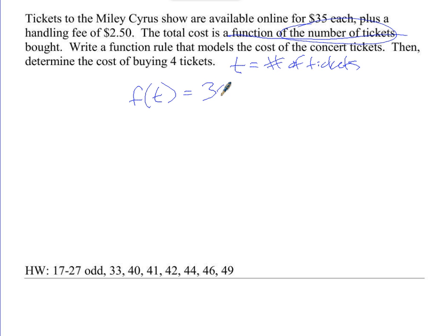So 35, use the variable you defined, 35t, plus a handling fee of $2.50. That's the question. Is that handling fee applied to every ticket, or is it just applied once? Tickets are available for $35 each plus a handling fee of $2.50. That is implied to be per ticket.